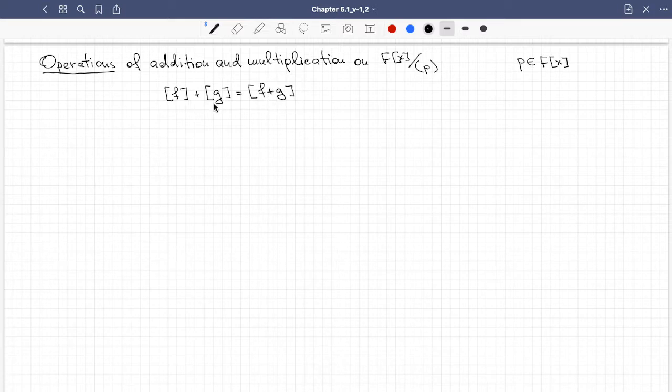If these were integers modulo n, the formula looks exactly the same, the definition looks exactly the same. Same thing about multiplication. The product of two classes is the class which contains the product of polynomials f and g.